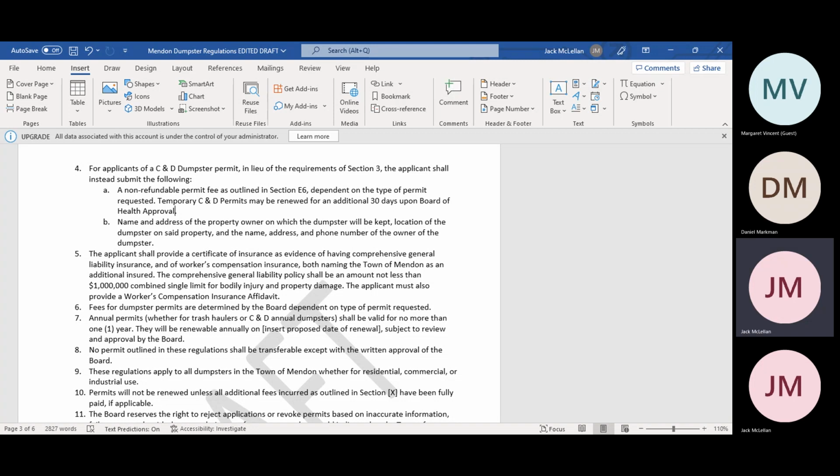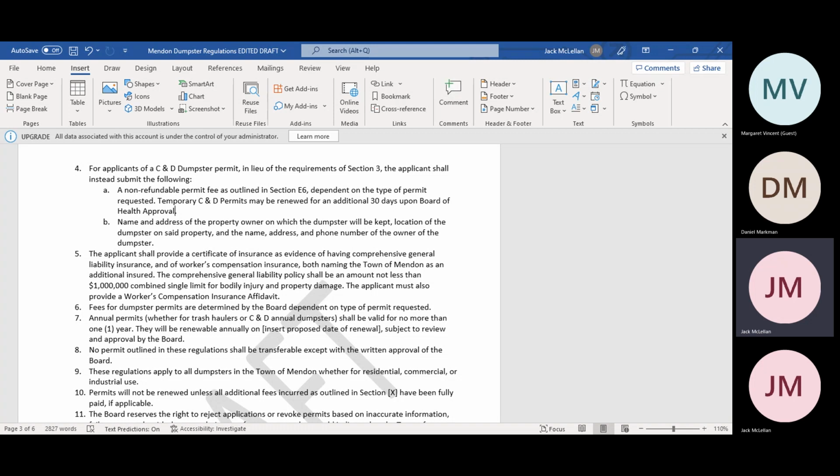So if someone is going to request a temporary dumpster for whatever purpose, C and D or anything else, that is a separate fee. And my intention is to make it minimal, enough to cover our expenses, enough to, if we have to answer a call about that dumpster.